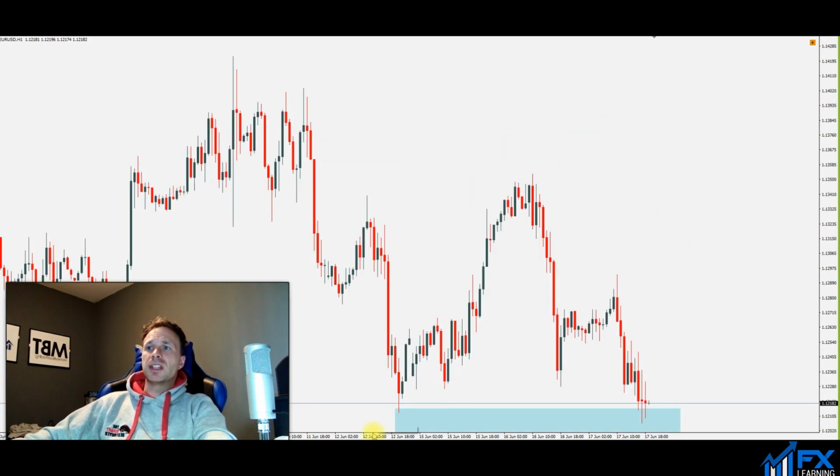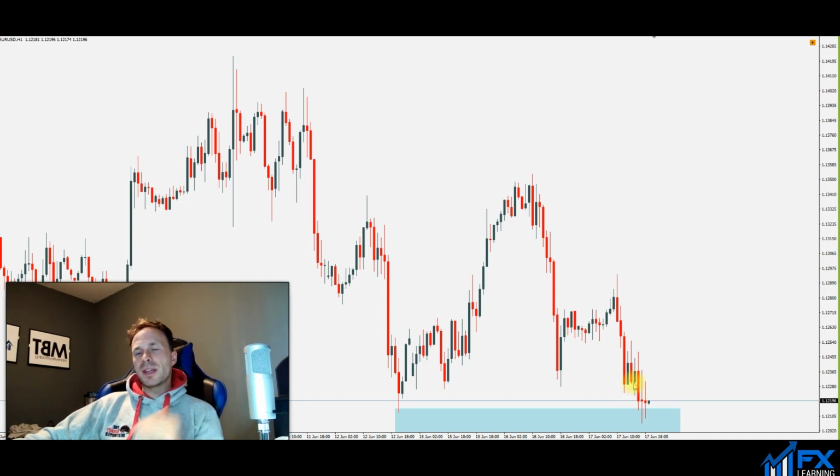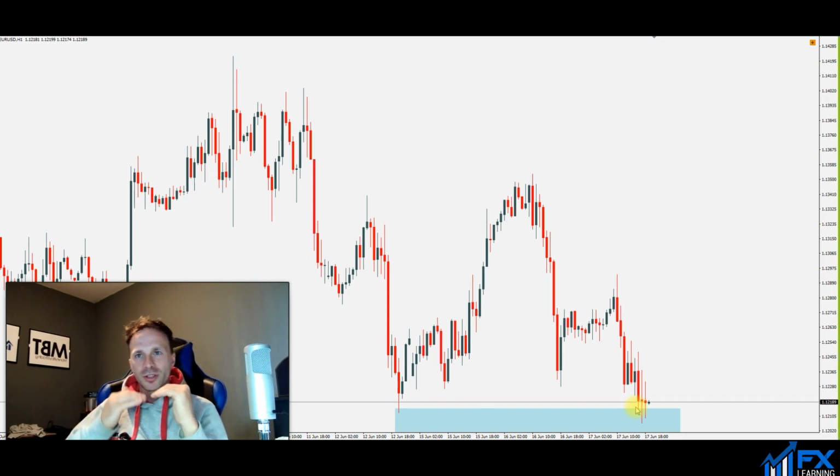And what's interesting is that we've actually massively decelerated. Momentum has started to fluctuate a bit. We came straight into this support area and we've kind of fluctuated. We've gone up, gone down, which tells me that this is a support line that is being respected.